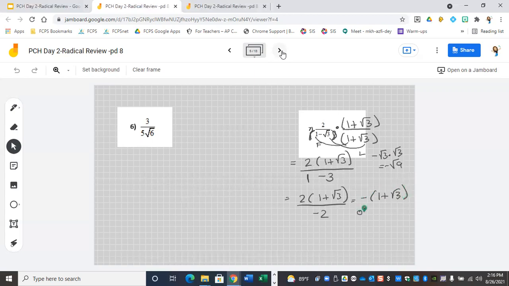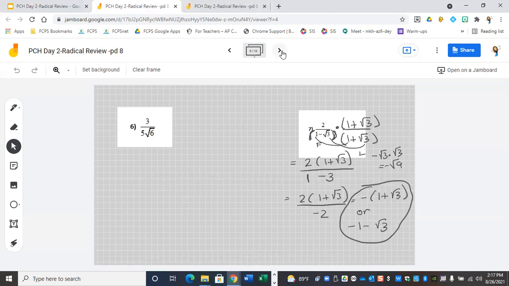Or if you did distribute, that's absolutely fine. I would accept either answer. If you leave it in factored form, that's fine. If you distribute, that's absolutely fine too. So any questions on that conjugate piece?